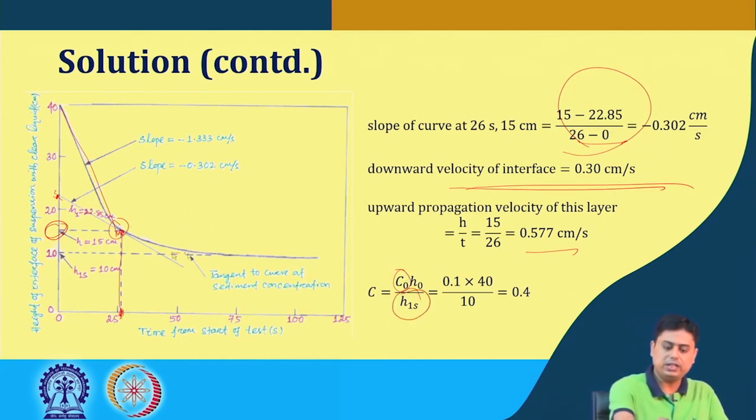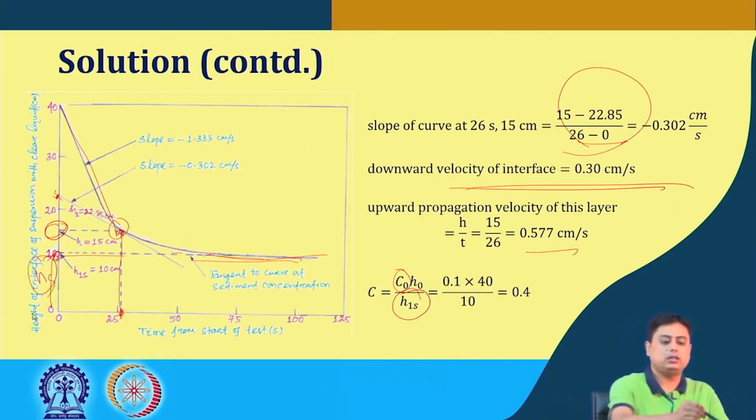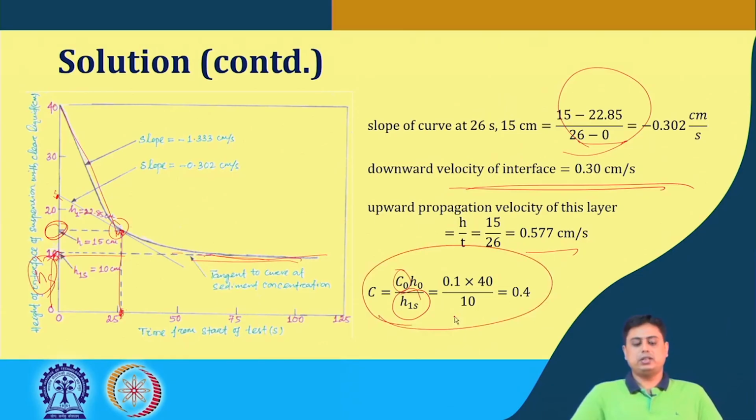If you draw a tangent to this sedimented portion, the point where it intersects the y axis would be the height for the sedimented concentration. This plateau is basically the sedimented portion. Draw a tangent there, and where it intersects gives the final height of the sedimentation. We place it and get the value of the concentration as 0.4.